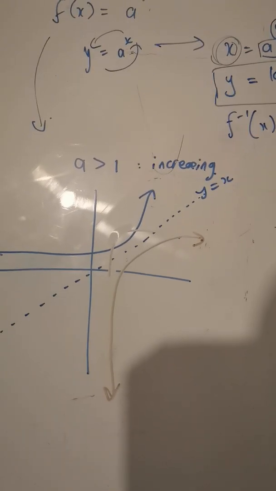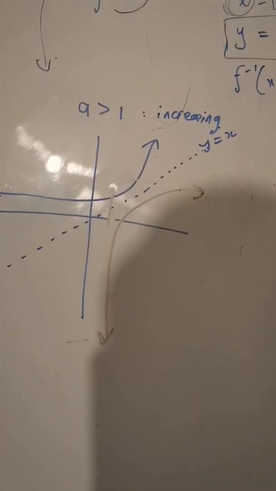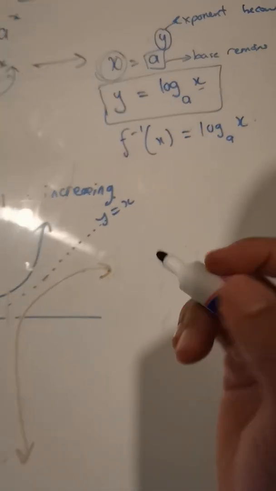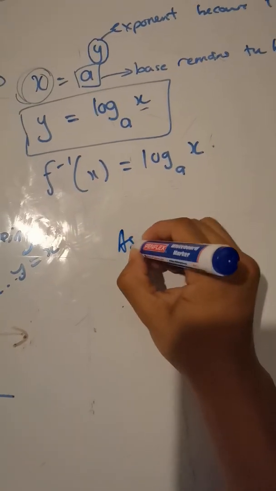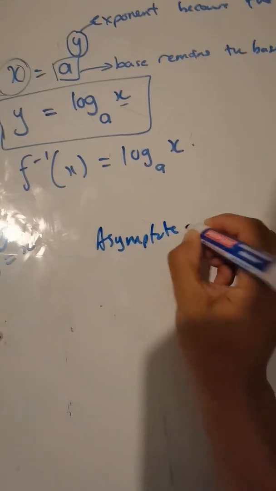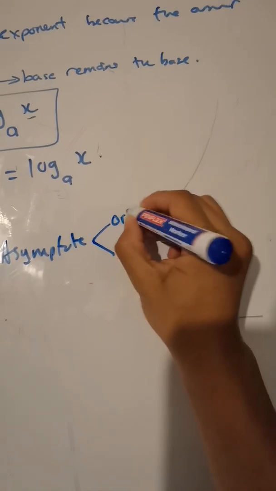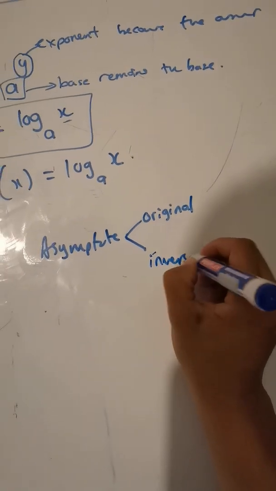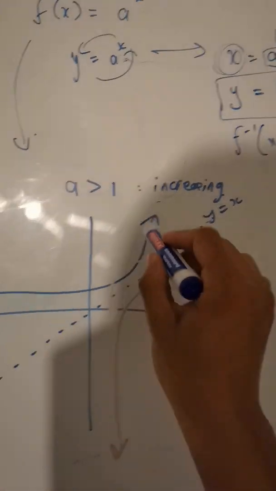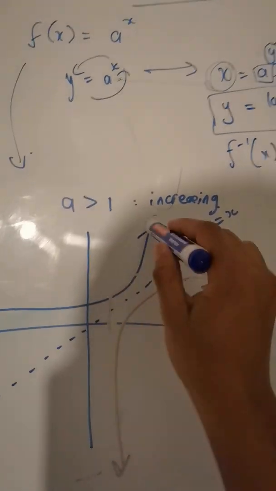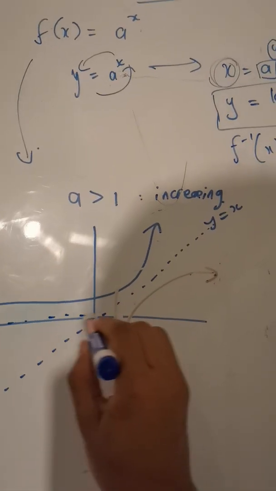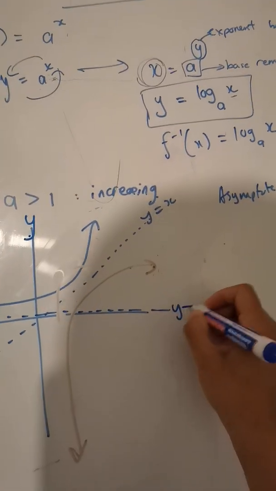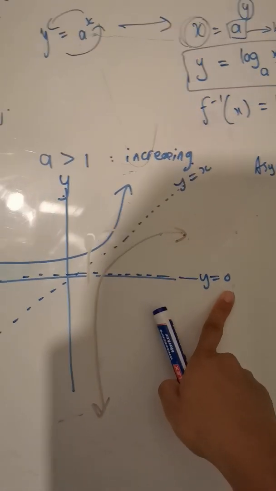Another point I want to make about these graphs is that there are certain properties we have to take into account. The first property is the asymptote. I'm going to write the asymptote of the original and the asymptote of the inverse. The asymptote of the original graph cuts the y-axis, so it is y equal to 0.